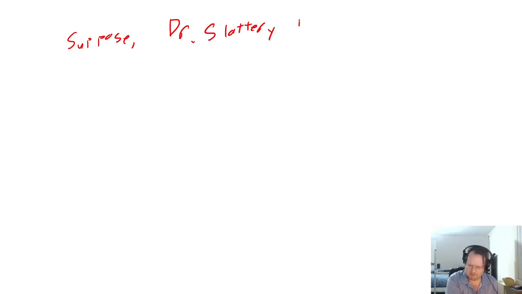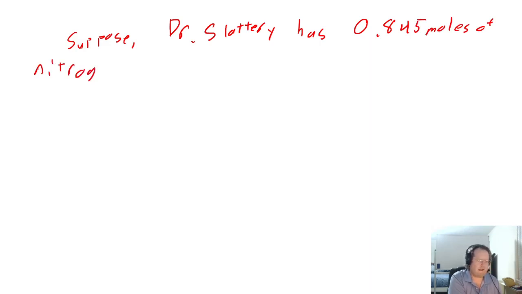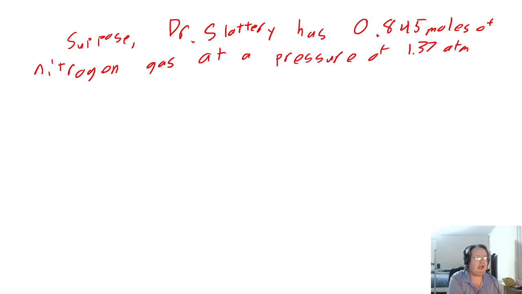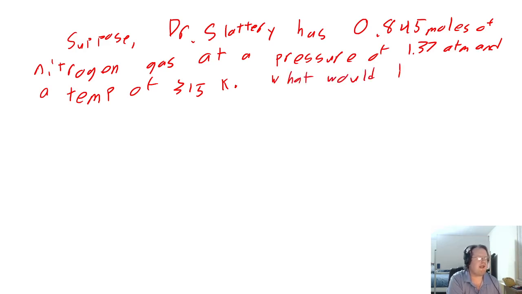Suppose Dr. Slattery has a container that contains 0.845 moles of nitrogen gas, let's say, at a slightly elevated pressure, but not too high, a pressure of 1.37 atmospheres, and a temperature of 315 Kelvin. What would be the volume of this gas? So we want to know how big this container is, for example.